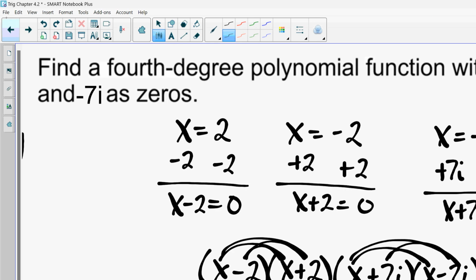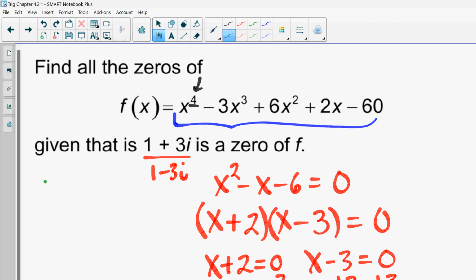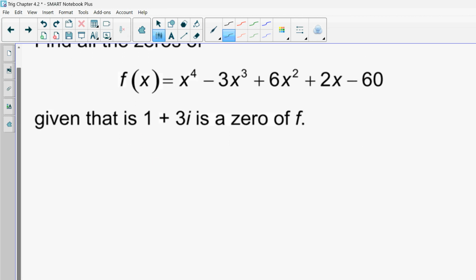So I'm going to look back at this one here. If we had done this one using synthetic division instead of multiplying, 1, -3, 6, 2, -16.